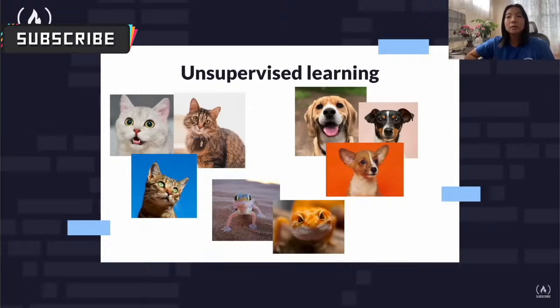I can feed all of these to my computer, and my computer's not going to be able to say, oh, this is a cat, dog, and lizard in terms of the output, but it might be able to cluster all of these pictures. It might say, hey, all of these have something in common, all of these have something in common, and then these down here have something in common. That's finding some sort of structure in our unlabeled data.